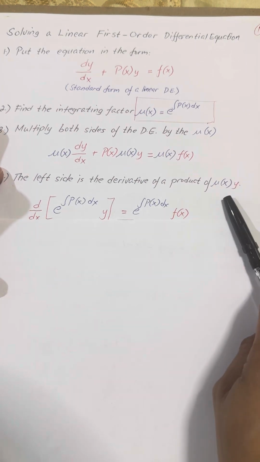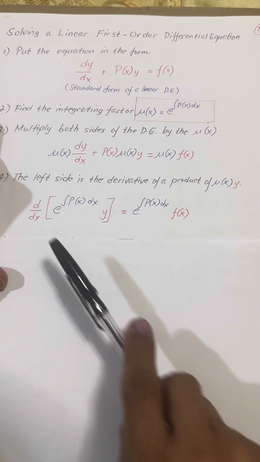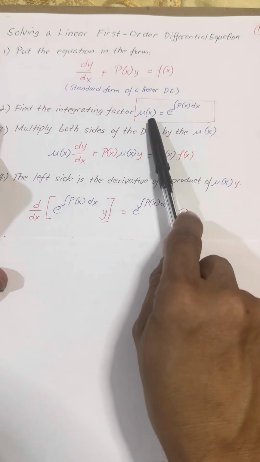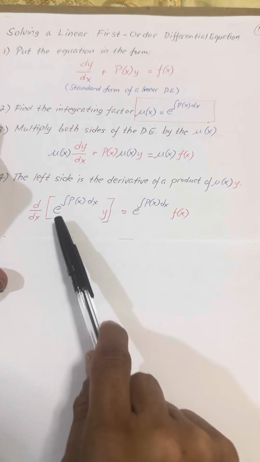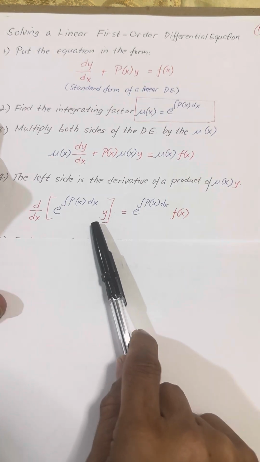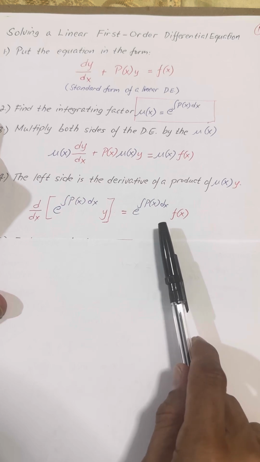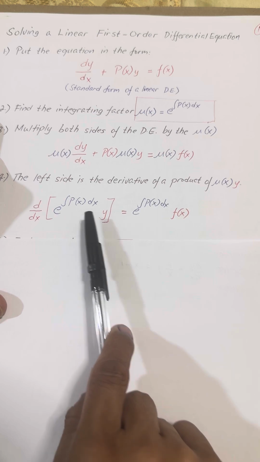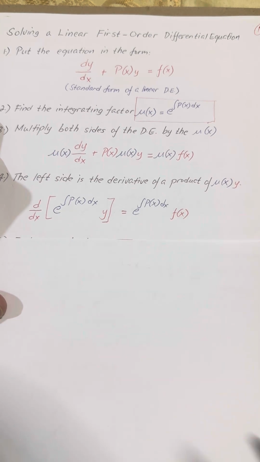So if that is the case, then we can express the left side in this form: the derivative of mu of x times y, equal to this. Or you can write the right side as mu of x times f of x.